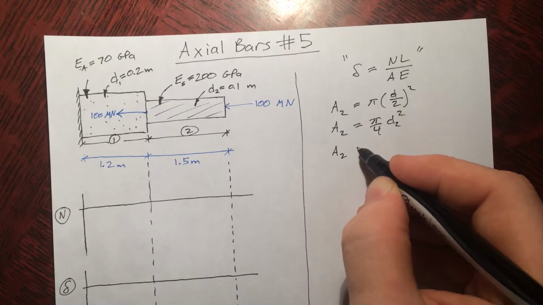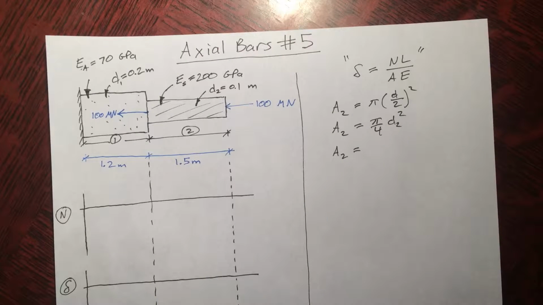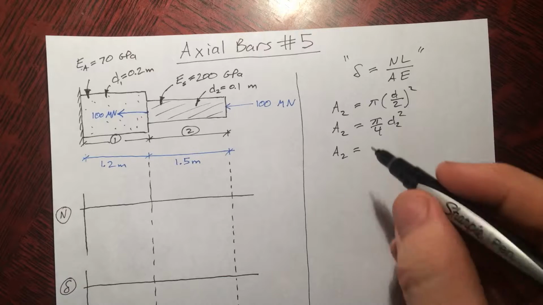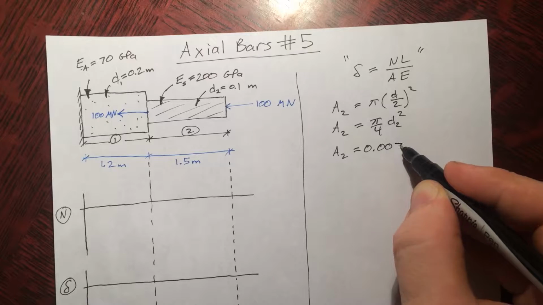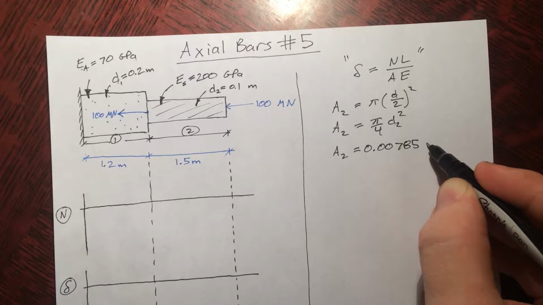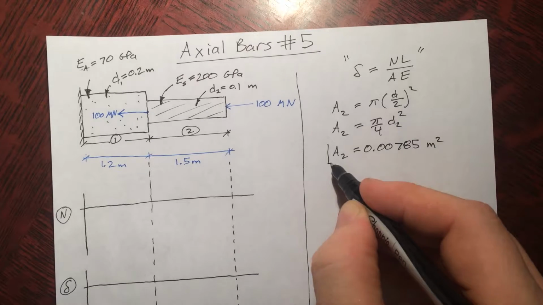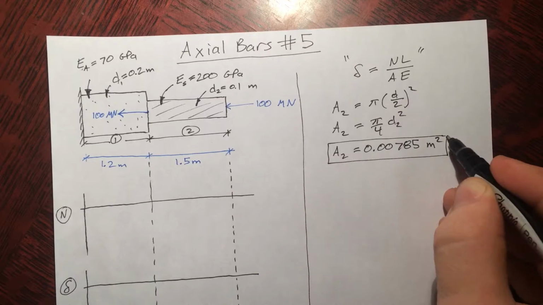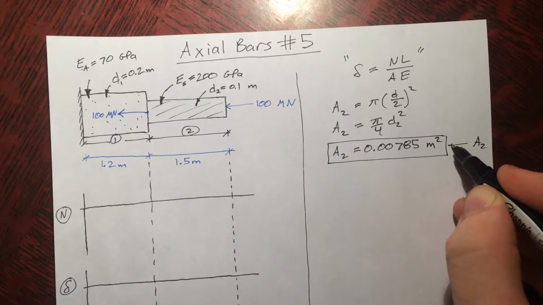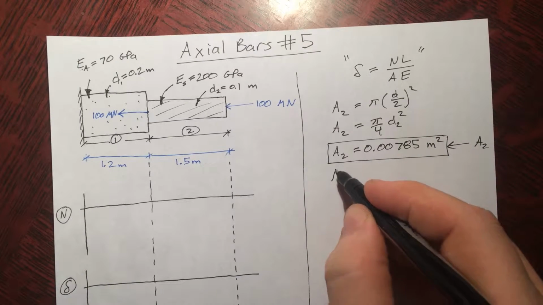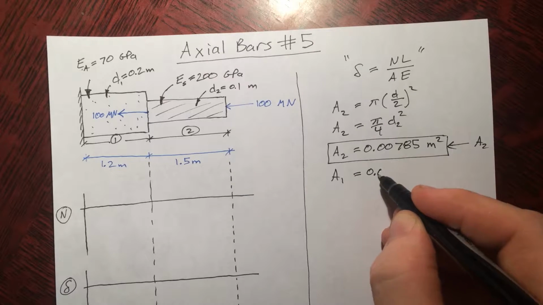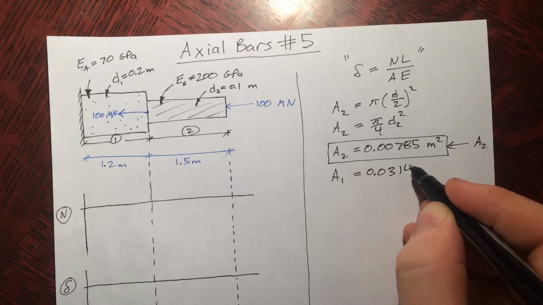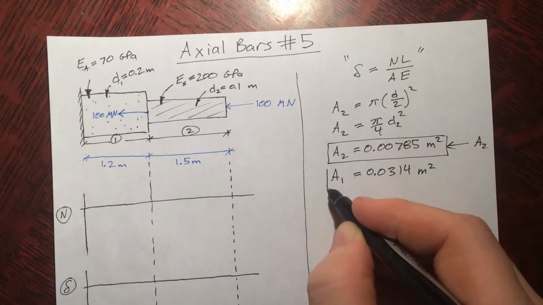I've done the math, and the second area comes out to be 0.00785 square meters. Alright, box that off. And by the same principles, A1 is 0.0314 meters squared.